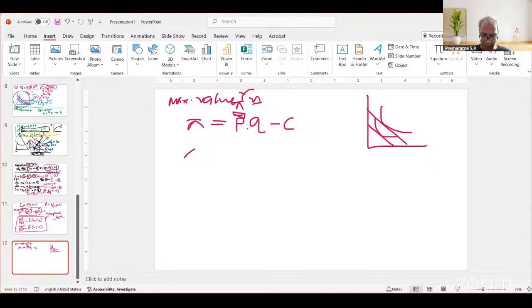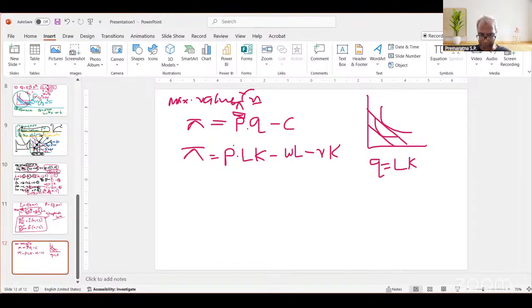Now, if you write the profit function straightforwardly, let's say I give a very simple production function, L K. Next time I can give a different form. Now Q is equal to L K here, minus C, the cost, which you know is W L plus R K.